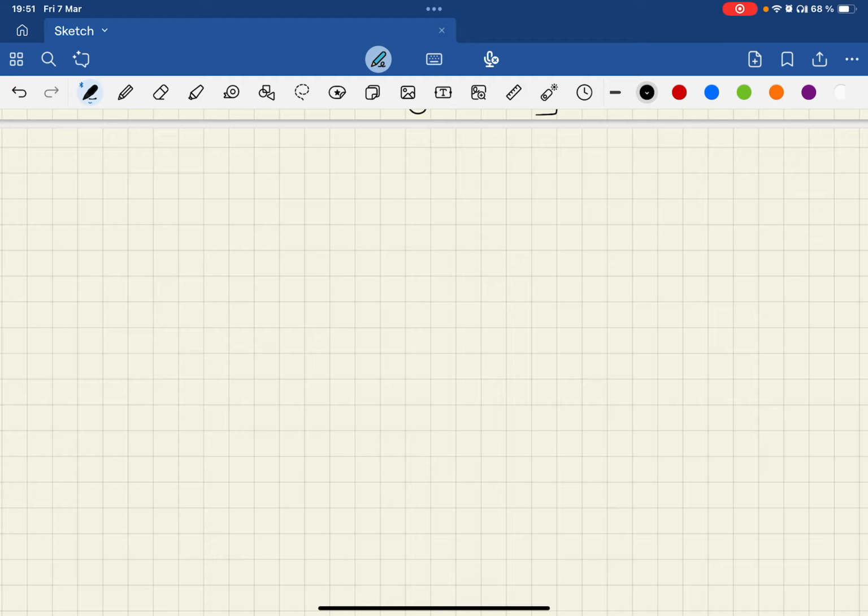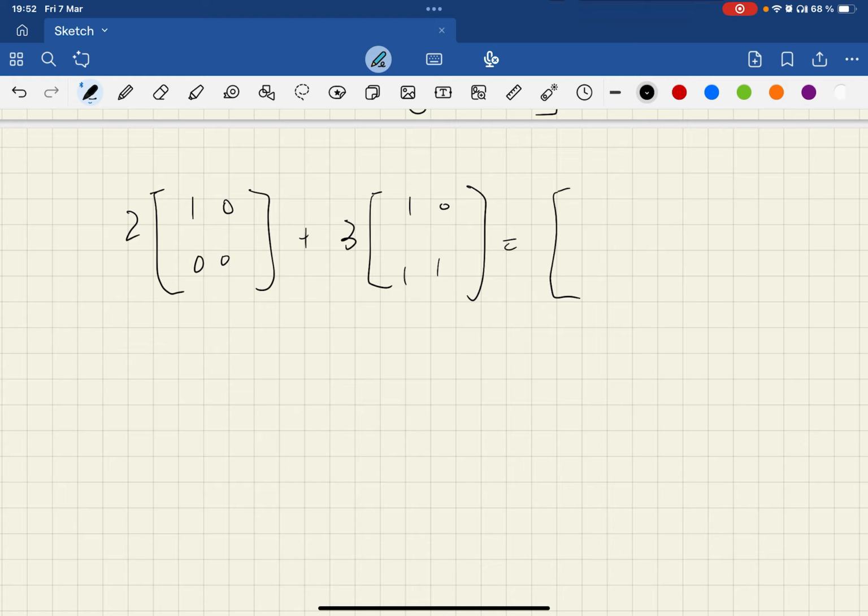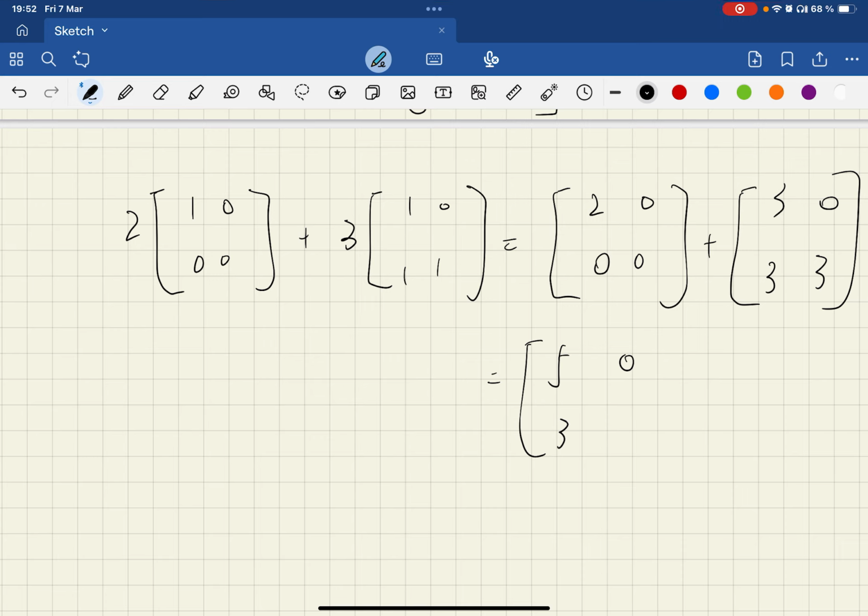And how about some down-to-earth example again? Do you understand it? Because this is scalar multiplication and this is addition.